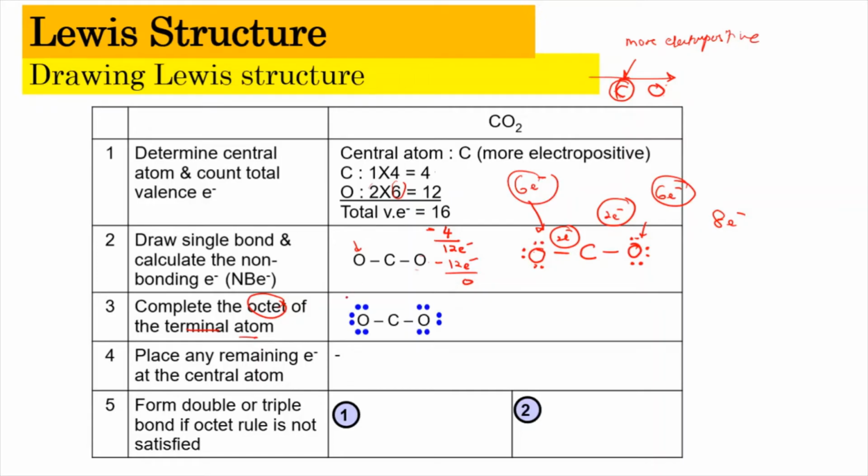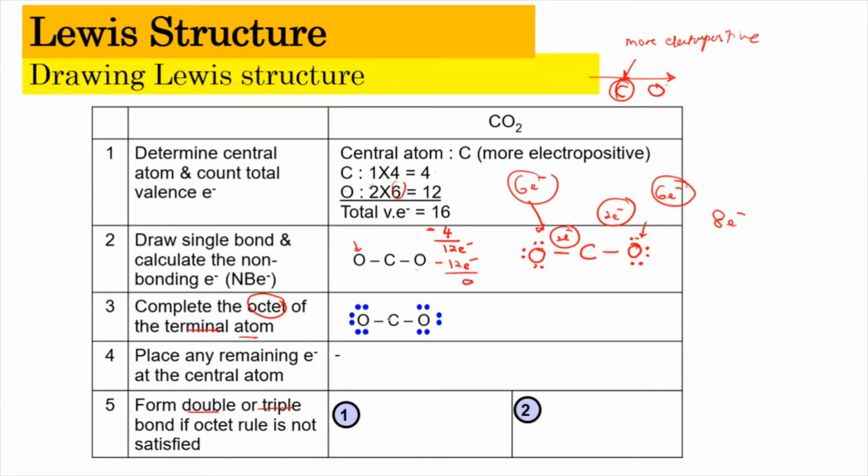Okay, and then for step number 4, place any remaining electrons on the central atom. Since we don't have any, we don't have to place any electrons on the center. And now you're going to check step number 5. So we need to form double or triple bonds if the octet rule is not satisfied.